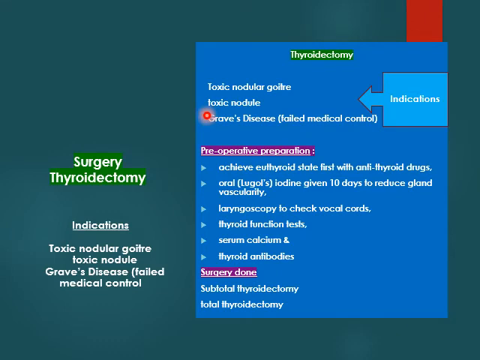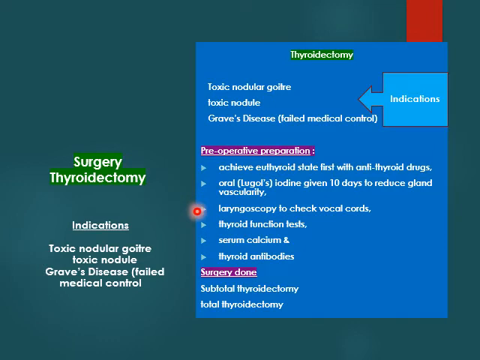It is important for hyperthyroid patients going for thyroidectomy to be prepared preoperatively. You must achieve an euthyroid state first with anti-thyroid drugs. Then the patient is usually given some oral iodine, called Lugol's iodine, 10 days before the operation to reduce the gland vascularity.